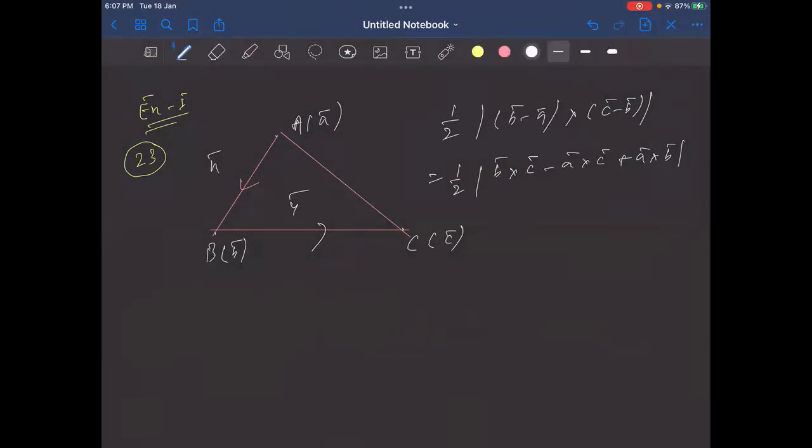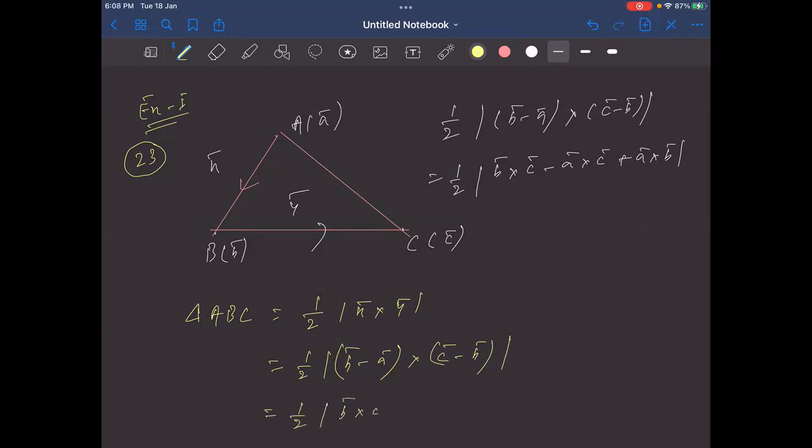What will be the area of the triangle ABC? Will it be half x cross y? Yes, sir. What is x vector? And what is y vector? Correct? If I'm taking, what do we get?